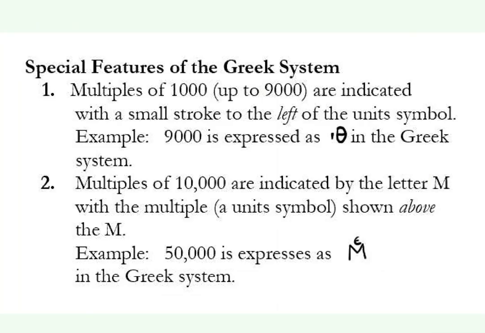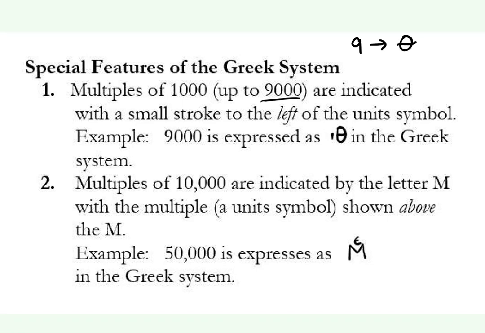Now, a special feature of the Greek system is that the symbols top off at 900. So if we want to express a number higher than 1,000, we could represent multiples of 1,000 up to 9,000 with a small stroke to the left of the unit symbol. So the Greek symbol for 9 is this, which is called theta.